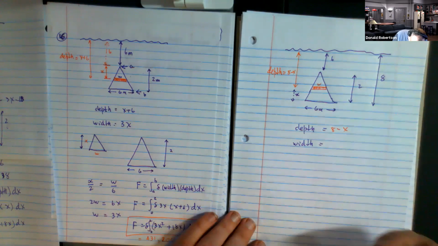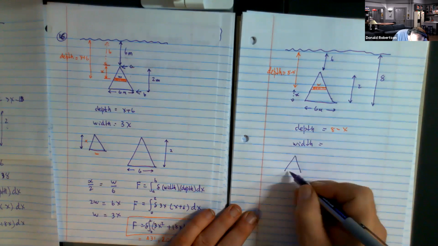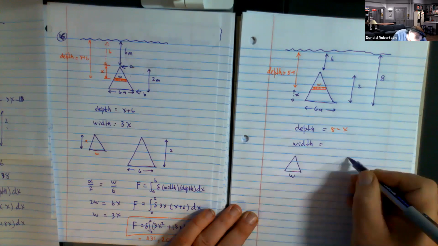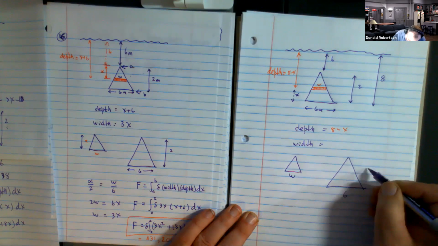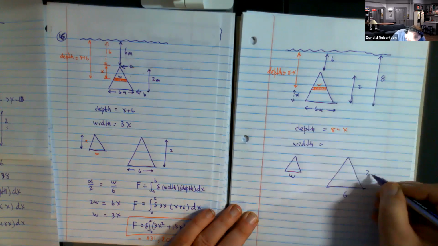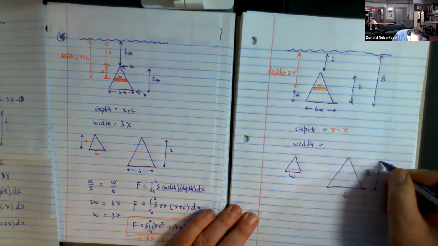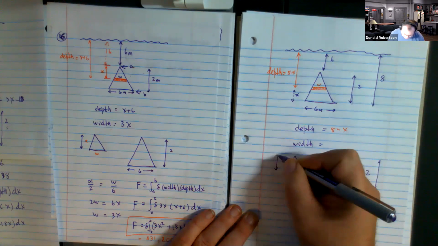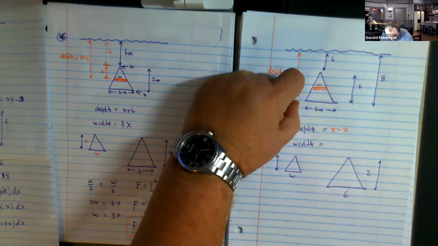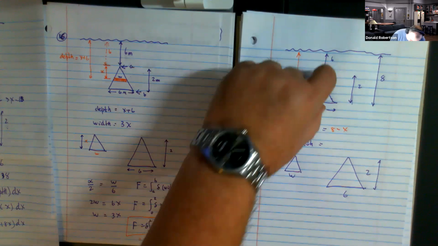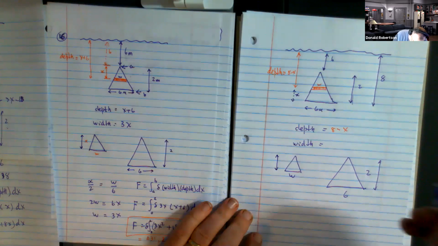If you build your little triangles, this guy's W, this guy's 6, this guy's still 2. And now I have the problem of this fella. Well, if this piece is x and the whole thing is 2, won't this fella be 2 take away x?